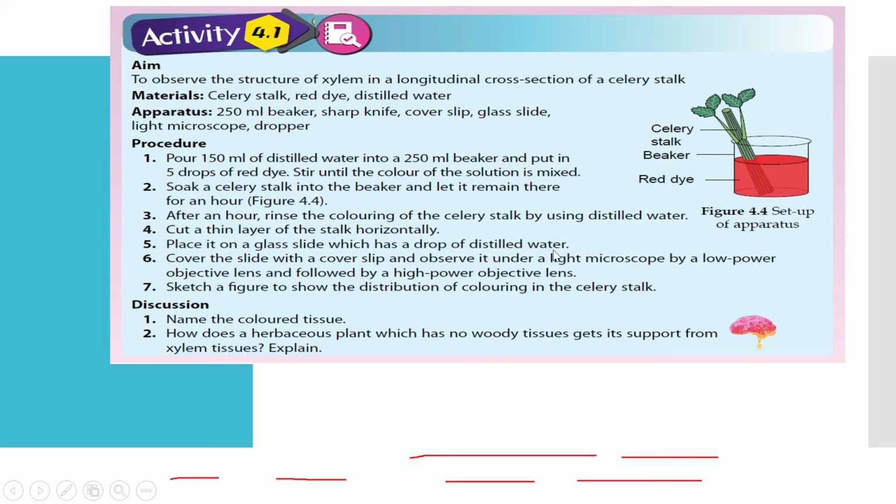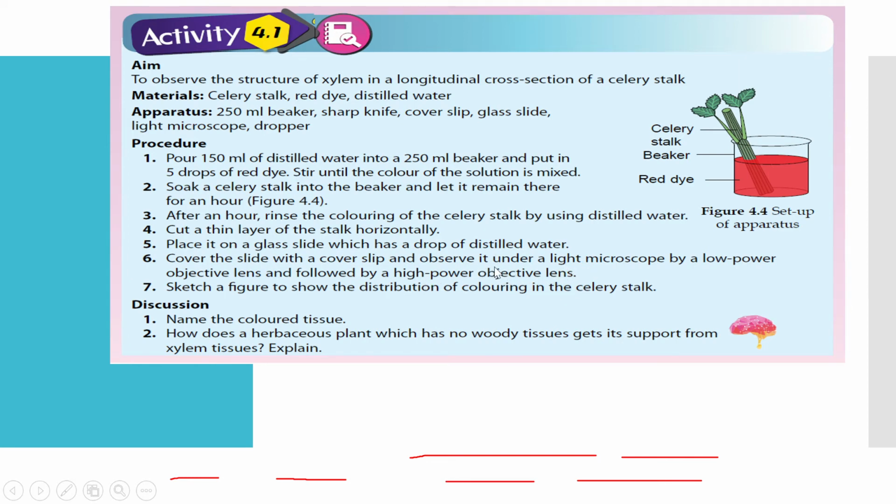That is the wet mounting technique, the slide preparation. Then cover with the cover slip. Observe under the light microscope. As usual, start with the low power objective lens followed by the high power objective lens. That's how you are going to do it.